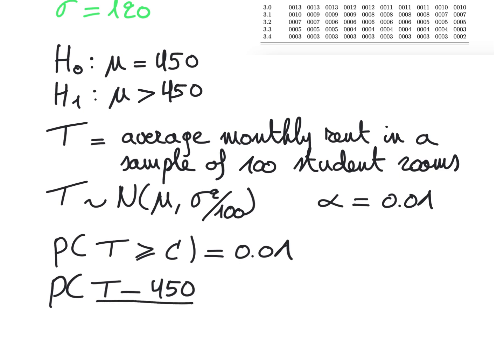Divide everything by our standard deviation, and in this case, the variance is sigma squared over 100. Sigma was 120, so that means that the standard deviation is in this case 120 over 10, where 10 is, of course, the root of 100.